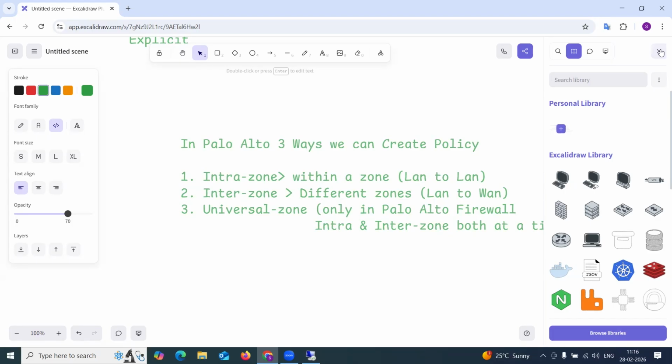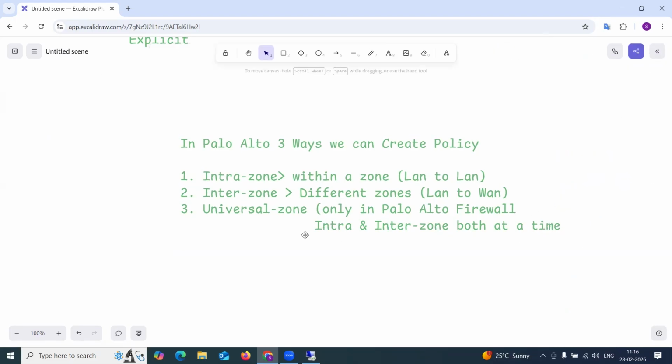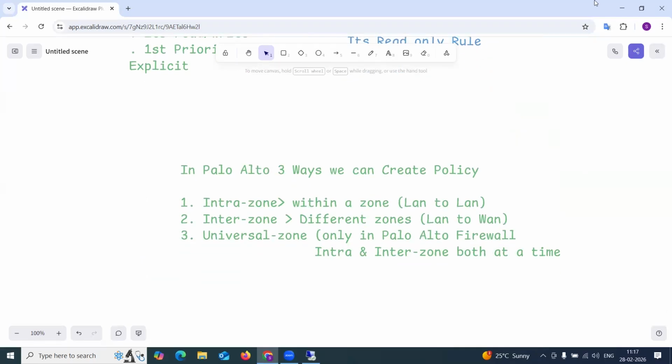Intra is different, inter is different, and universal is both combined together and applied at once. Guys, did you understand the meaning of intrazone, interzone, and universal zone? Okay. Now these three things we'll see in our practical.